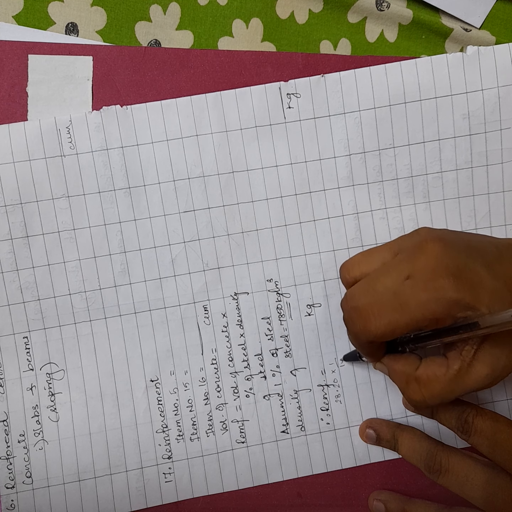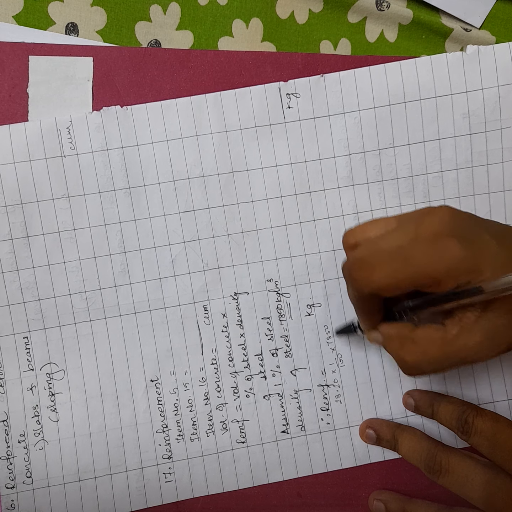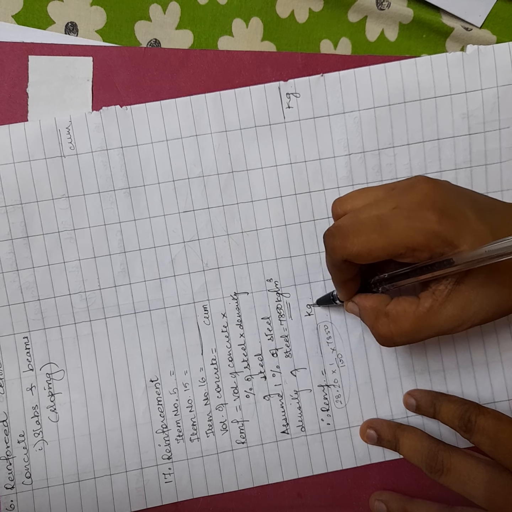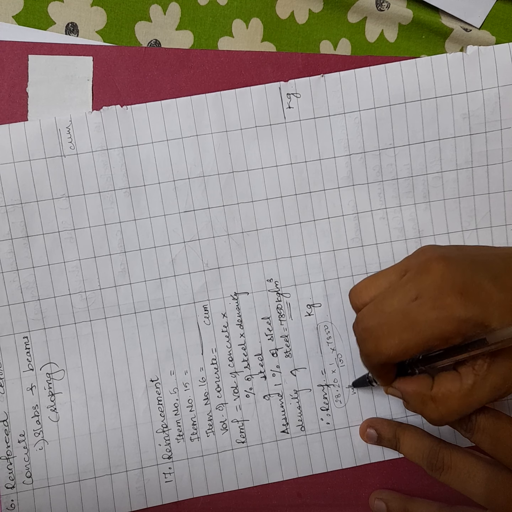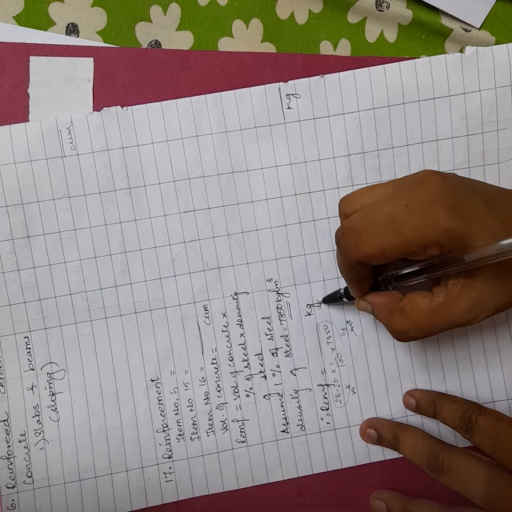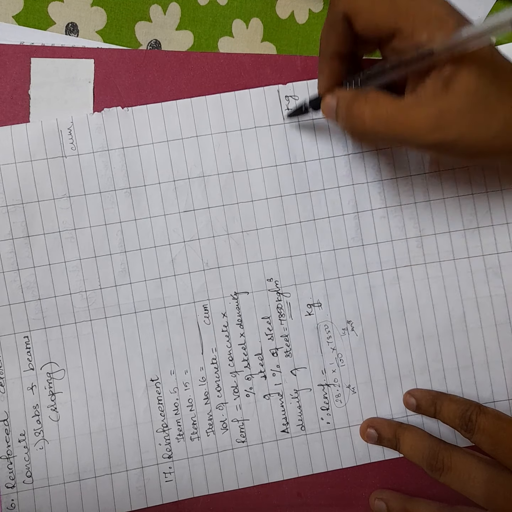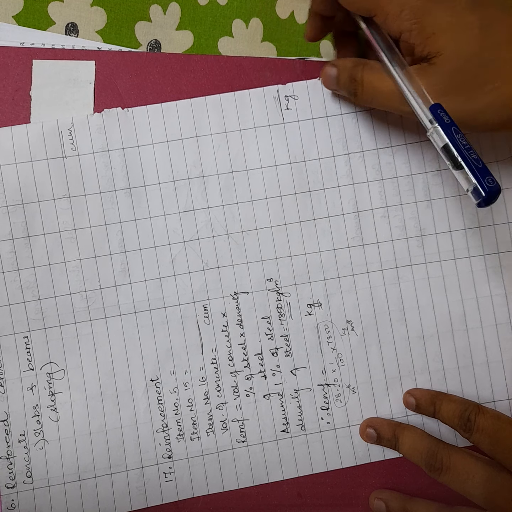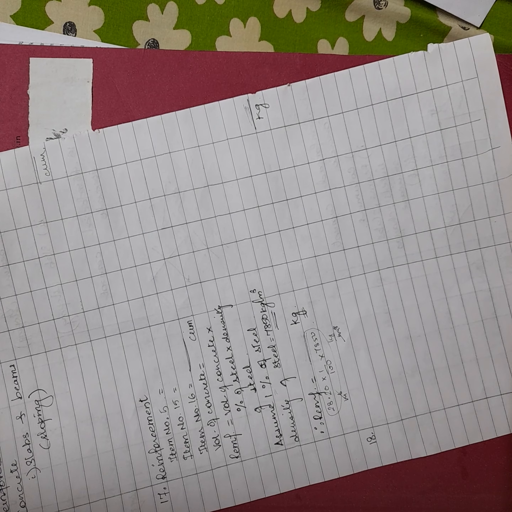So 1% and 7850, whatever value you get by multiplying, you'll get in kgs, because this is in meter cube and this is in kg per meter cube, so what remains is kilogram. Round that value up to a higher value, make it proper, and write it in the last column.